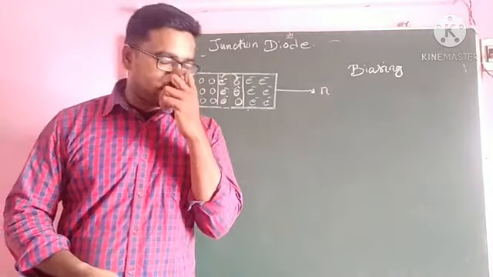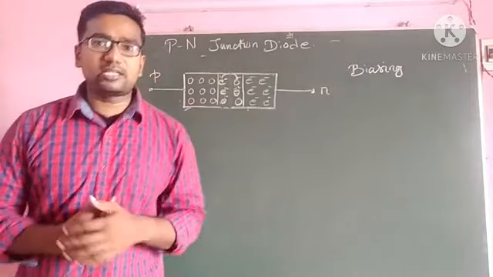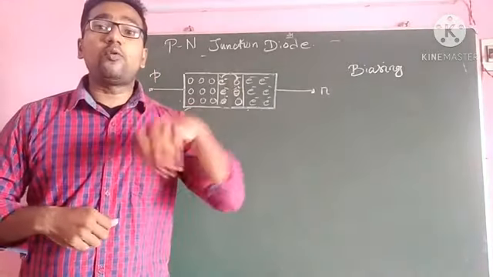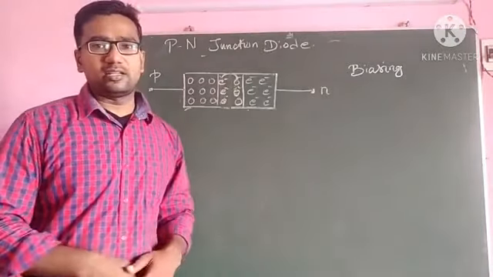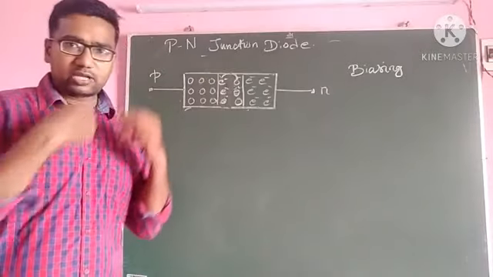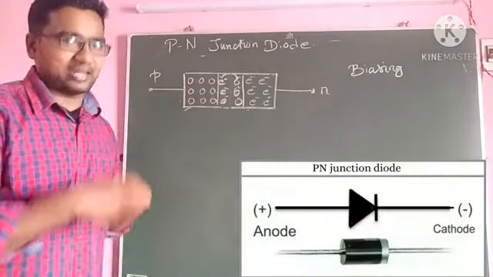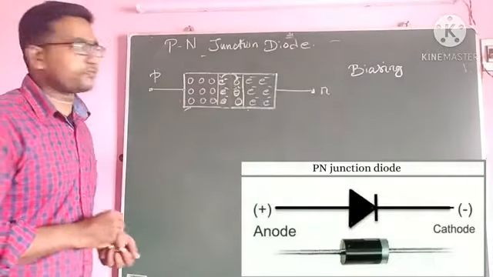Biasing means applying a potential to the charge carriers to overcome the potential barrier. This is called biasing. Which type of biasing? When we give bias to the PN junction diode, it reacts in certain ways. Let me see one by one.